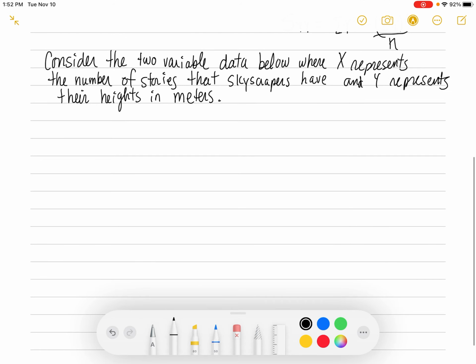Okay, so we're given this table here, x and y. In the x column, you're going to have the number of stories that skyscrapers have.